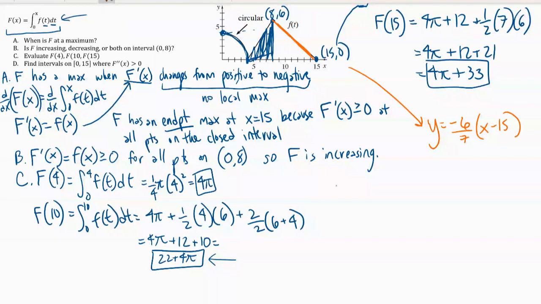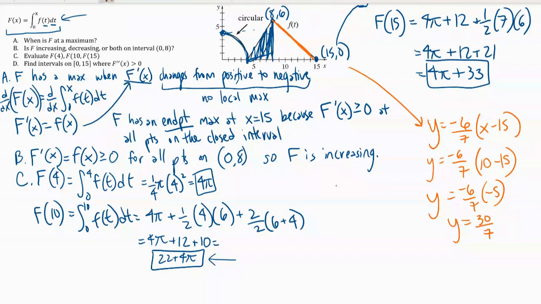So then if I plug in x is equal to 8, nope, not 8, 10. I'm trying to find the height at 10. I get y is equal to negative 6/7 times negative 5. So I get y equals 30 over 7. Okay, that's why this is wrong.